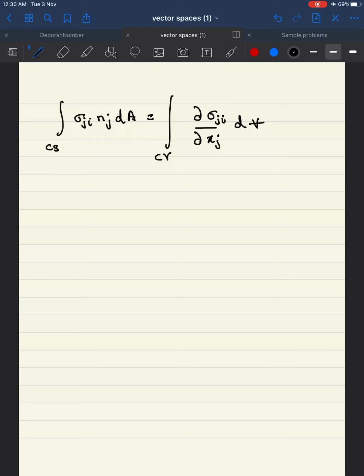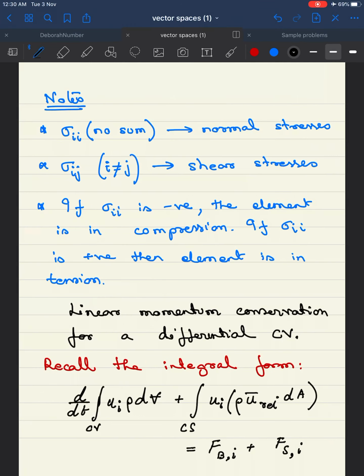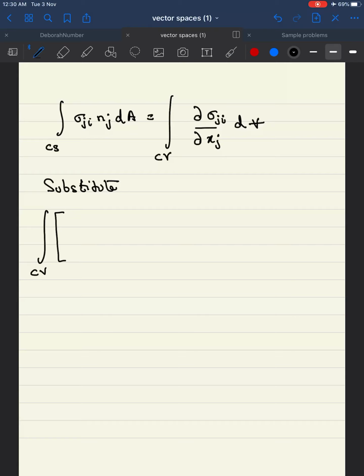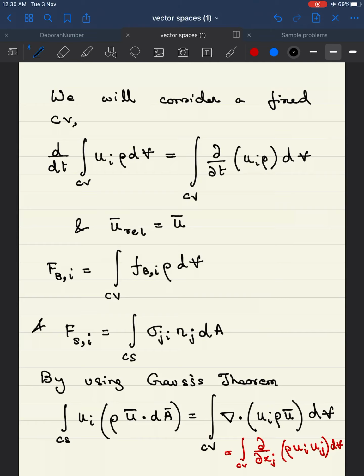Okay. So substitute all this. So you now have a control volume term, and then the first term is this quantity right here, right? So I have del t of ui rho. That was the first term, and then my second term is this.